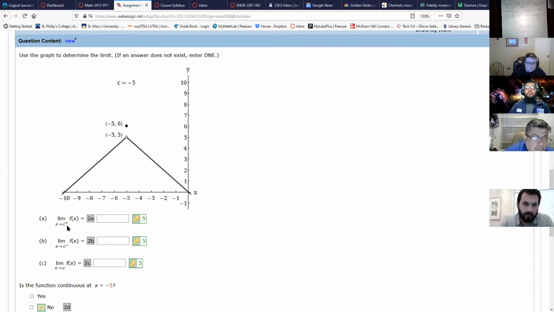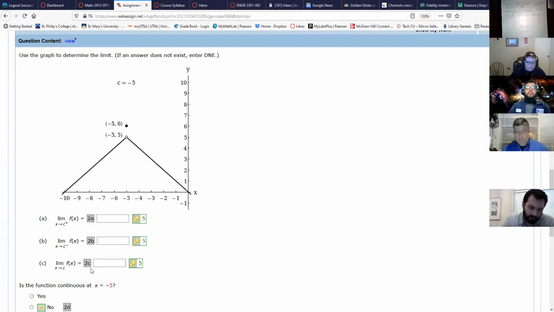So from the right, as I approach C being -5, it's approaching the y value 5, right? Here's 5. Approach from the left, same deal. There's my y value. So since the limit from right and left are the same, that means the actual limit is also 5. If one of these is different, the limit does not exist.